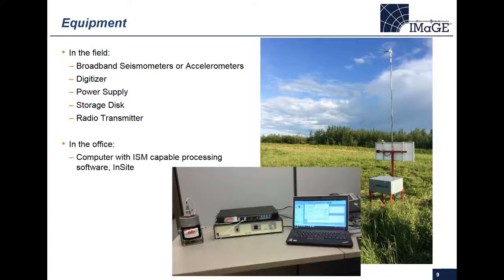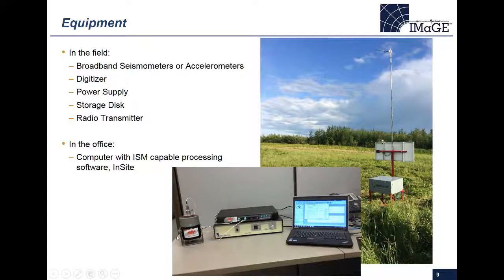For the office and the actual processing of the data, it's pretty simple. All you need is a computer with some software that is capable of processing ISM data, such as our Insight suite, which is specifically designed, one of them, for processing ISM data. And again, just to drive home the fact that these are really small instruments that don't require a lot of space in the field, this is, again, a scale.